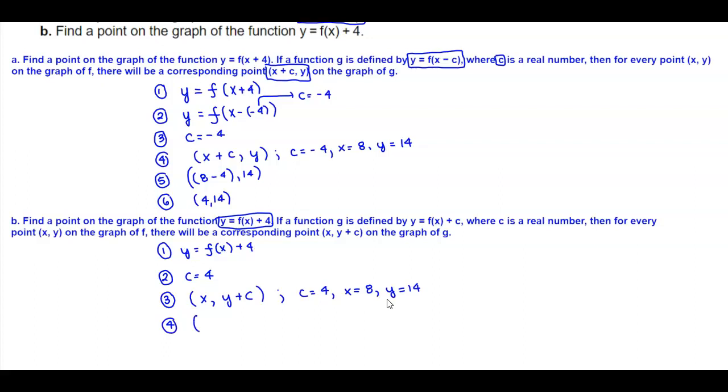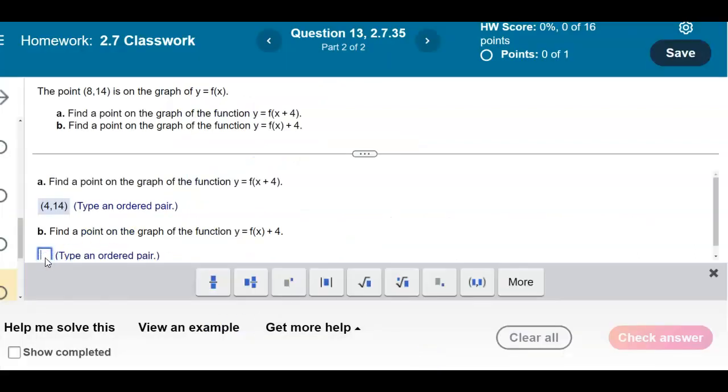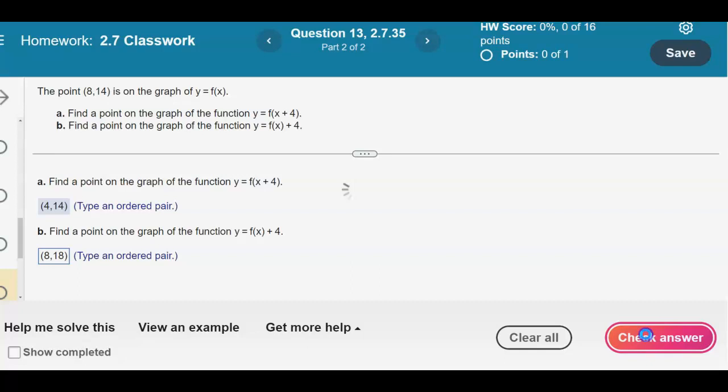We know that x is 8, the y value is 14, and we need to add 4 to it, which is c. So we get the ordered pair (8, 14 plus 4), which is (8, 18). Let's plug that in and check our answer.